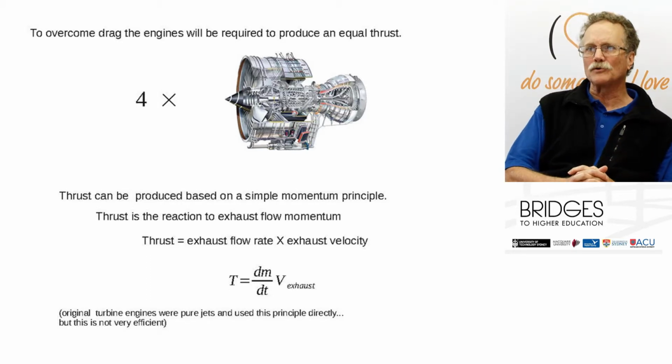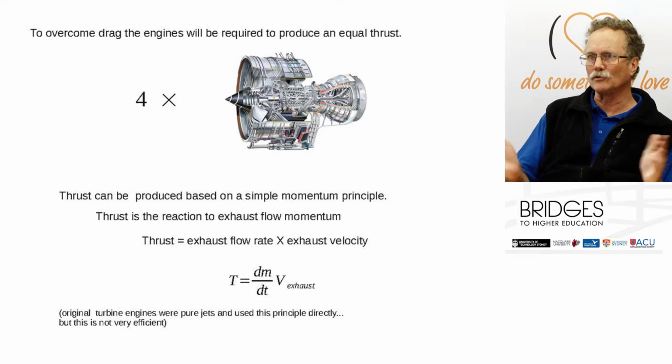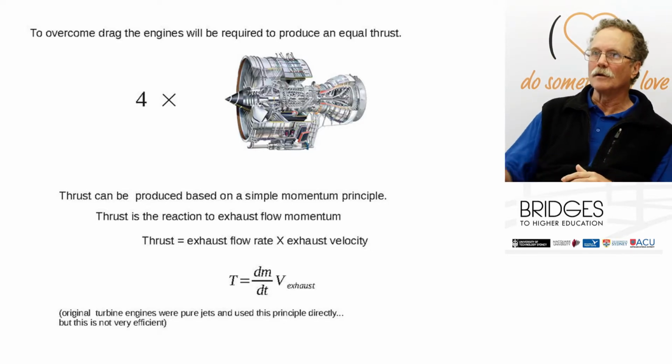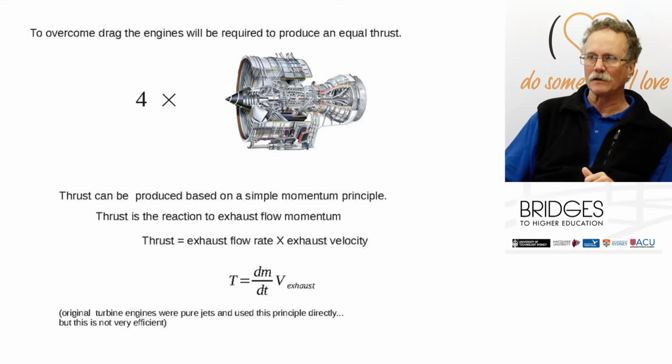An engine produces thrust, again, due to Newton's laws. Reaction equals action. In this case, what we're doing is getting thrust by having a very high speed exhaust flow coming out the back of the engine. And if I look at the simple balance, then the rate of change of mass out the back, the mass flow rate, times that exhaust velocity will be the momentum coming out the exhaust.